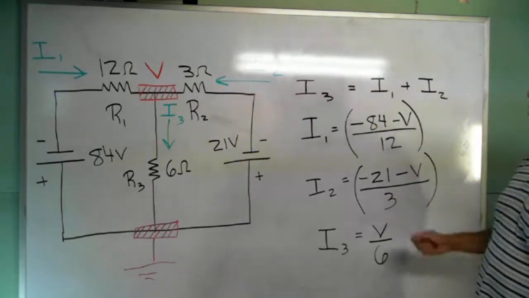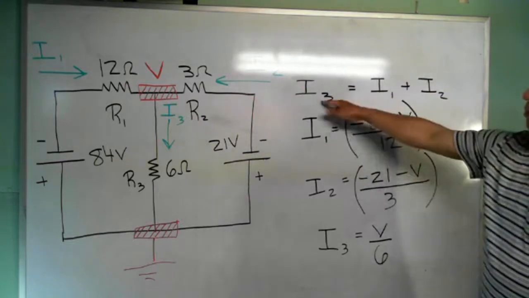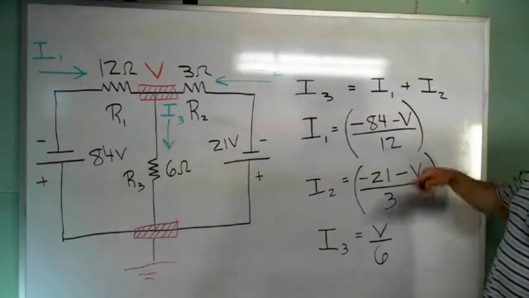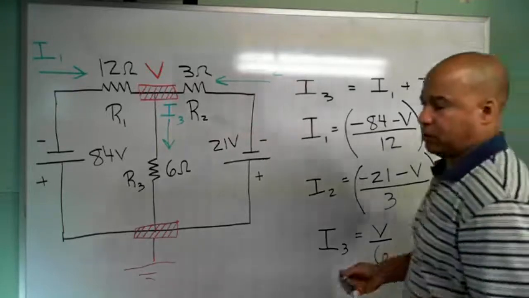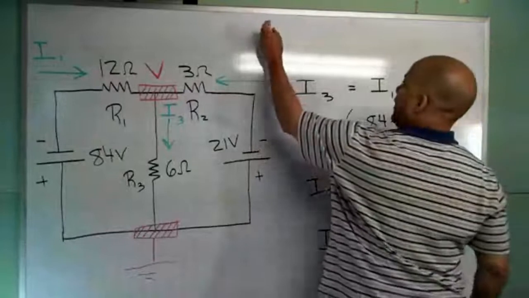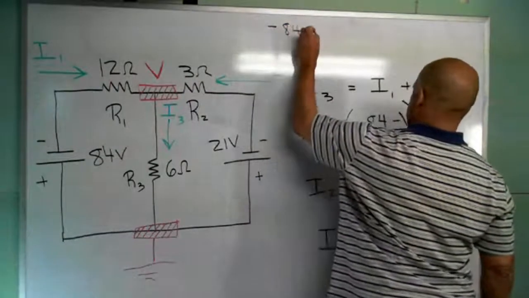You go ahead, since you have more room than I do, and substitute each of these currents into the KCL above. You go ahead and do the math for me. Write it out. I'm going to clean this up a little bit while you work on your math, and I know you can't see this. This is just for me, so I can erase the board.